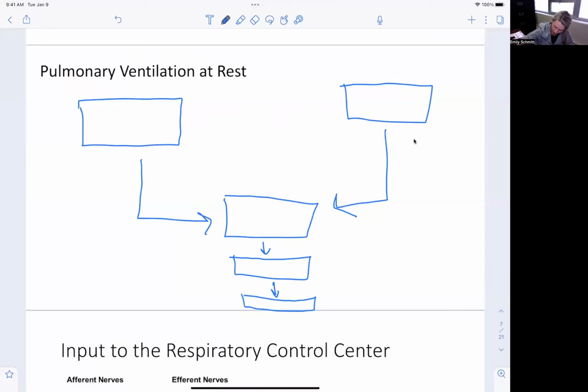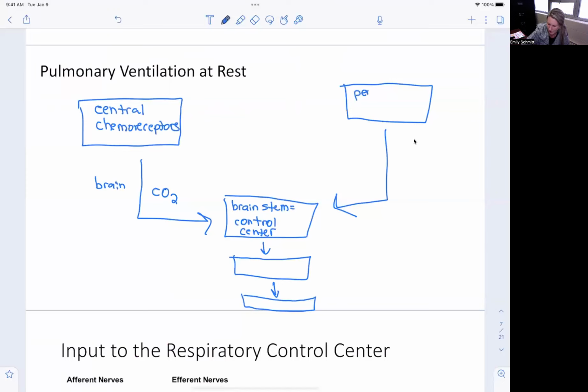In the center, in our control center, we have a brain stem. This is our respiratory control center. We know that we have central chemoreceptors that detect changes in our carbon dioxide.